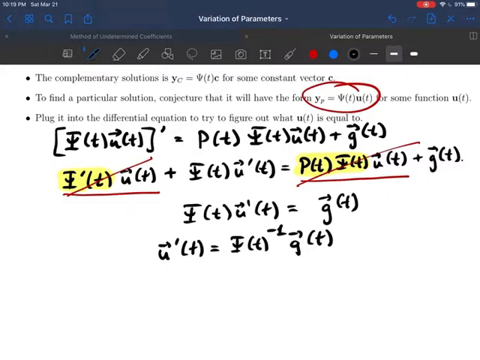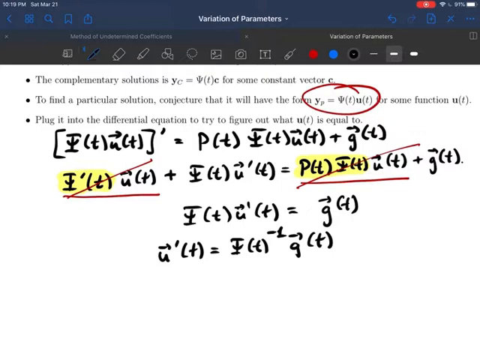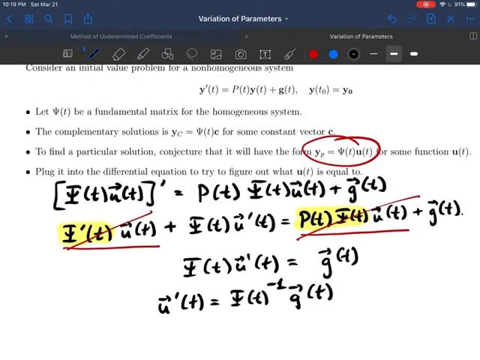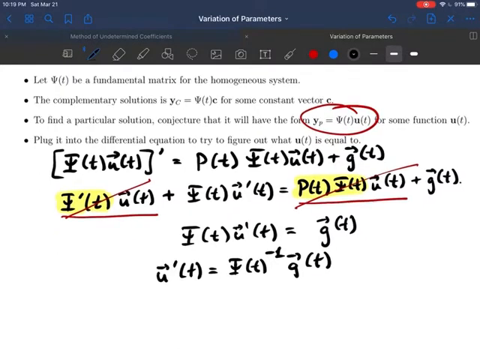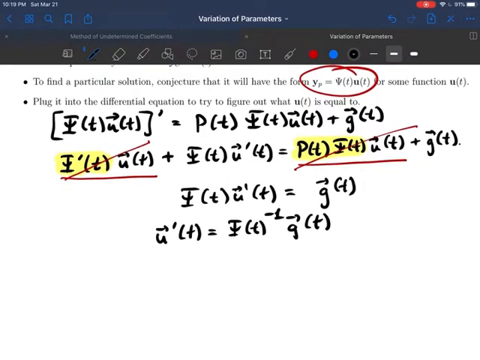Right? Now, what I'd like to do is integrate both sides of this equation. We're going to be a little bit more careful about integration than maybe we usually are. We're going to do this as a definite integral on both sides. We're going to integrate the left and right-hand sides from t0, which we'll recall is the time at which this differential equation starts, right? So we're going to go from t0 to t, whatever it happens to be. That's going to help us come up with a nice, useful formula in a second.